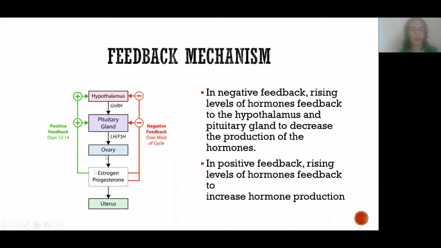And you will notice that the levels of hormones depend on the cycle, because the negative feedback happens in most of the cycle, but the increasing number of hormones happens on the ovulation day. That is what we found in the diagram for the reproduction cycle a while ago.